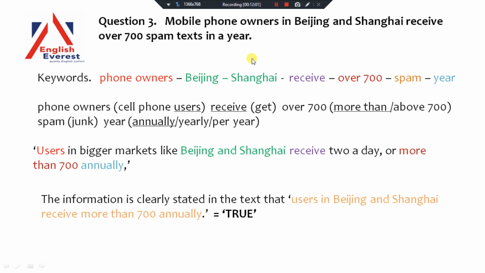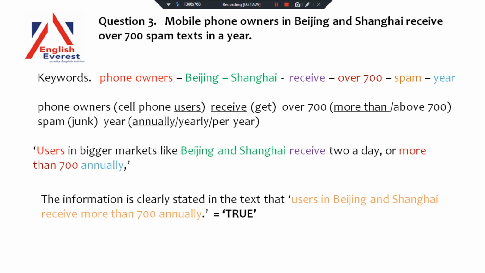Question 3. Again, I haven't done question 2 because I'm only doing 3 of these questions, and these are actually one of each. One false, one true, one not given, just so you can see how each one is done. Question 3. Mobile phone owners in Beijing and Shanghai receive over 700 spam texts in a year. Keywords.